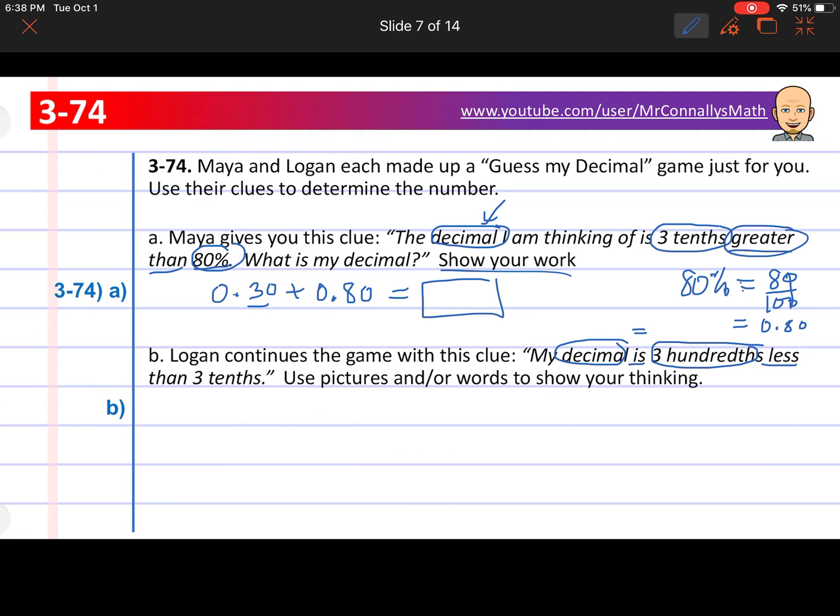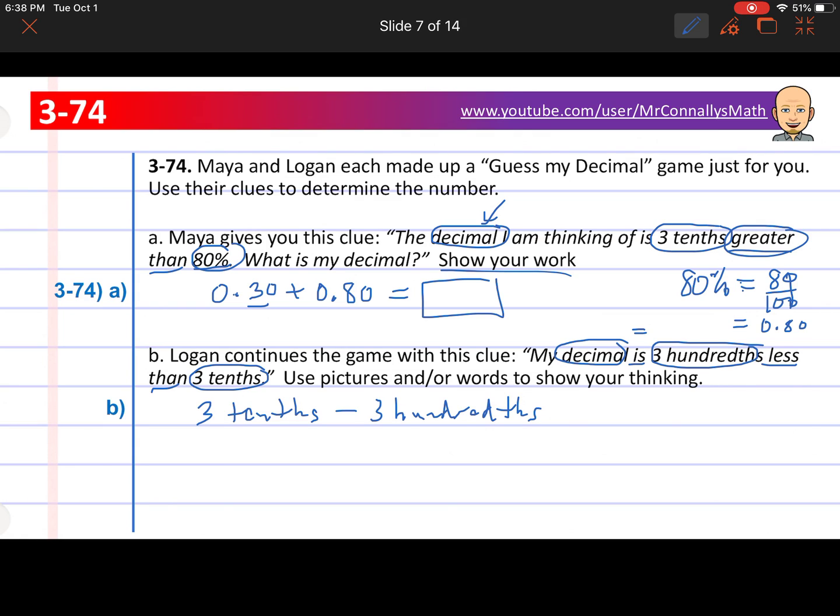And then it says less than 3/10. Now it doesn't say is less than, it just says less than. So that means we're going to subtract it from 3/10. So we've got 3/10 minus 3/100ths.